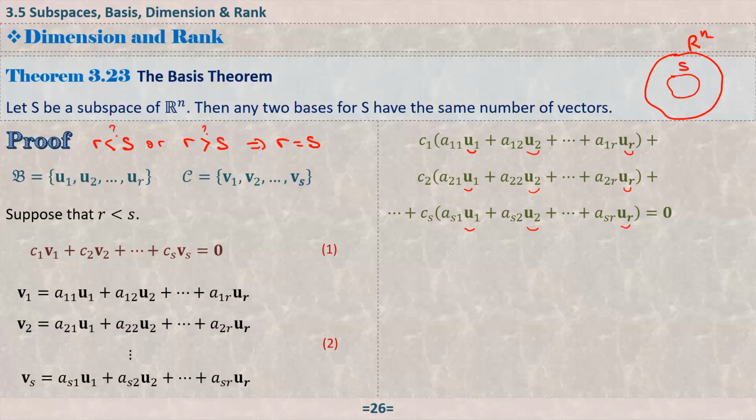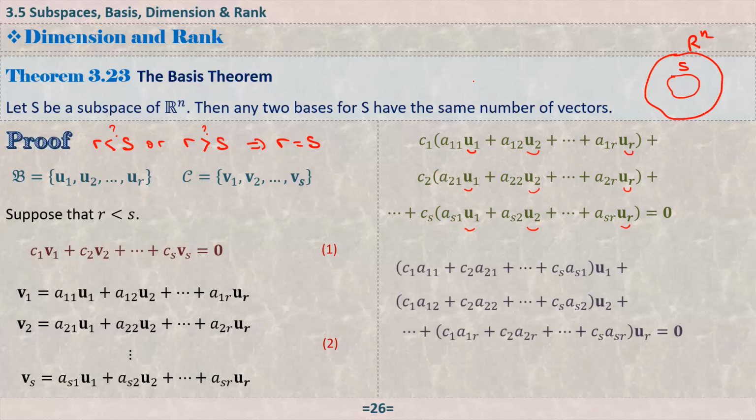So if you just regroup this, we can write this in this form, because if you just take this U1 out, what do we have here? C1 times A11, that's the first number here, plus C2 times A21, that's the second one, and Cs times As1, that is the coefficient of the last row.